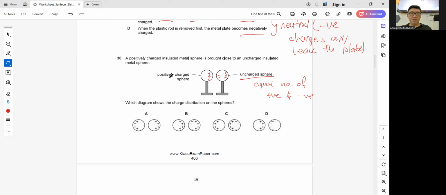So when you put the positively charged sphere near to it, it will cause the negative charges to move towards the positively charged sphere, and it will cause this right side to have a positive charge induced.